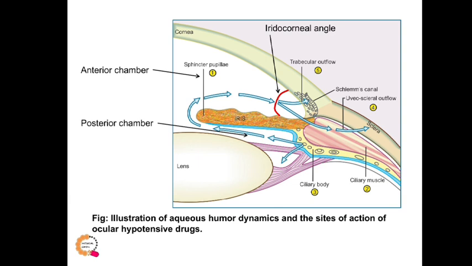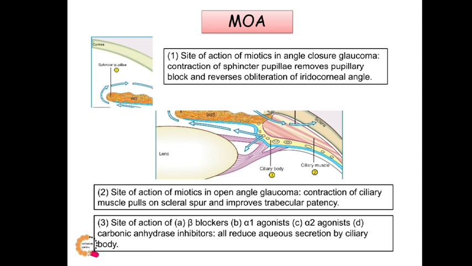And in the second one, closed angle glaucoma, it happens because the intraocular pressure increases, which pulls the lens outwards, and the iris also becomes bulged, and its sphincter pupillae part comes in contact with the lens, so it blocks the pathway of flow of aqueous humor. And the angle is also narrowing in angle closure glaucoma.